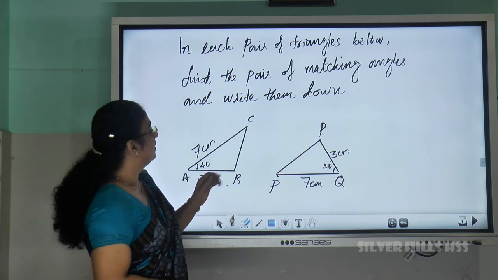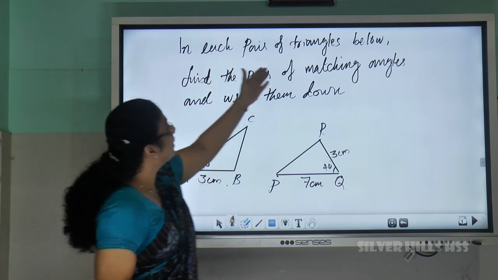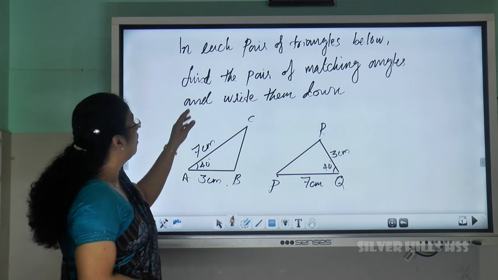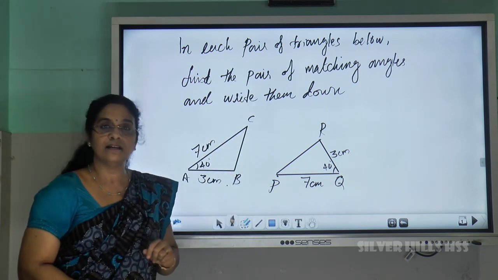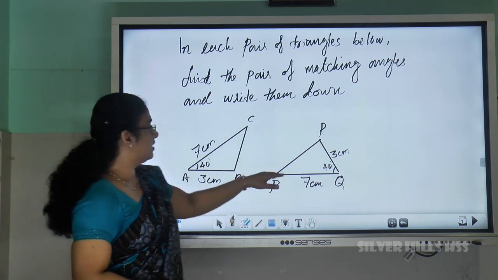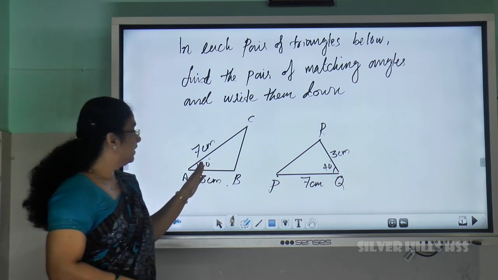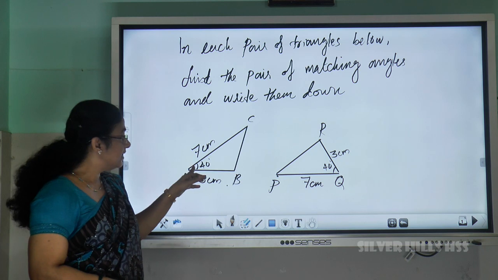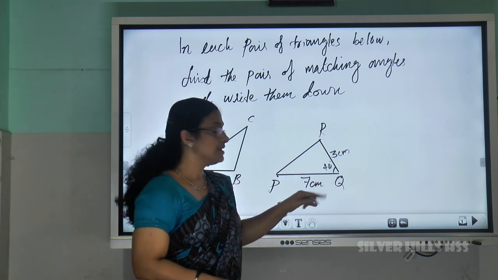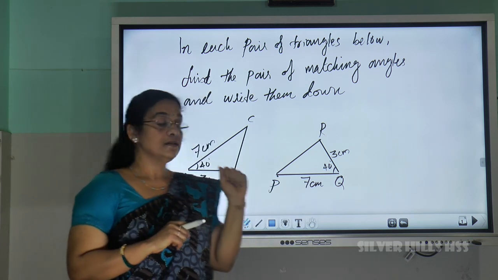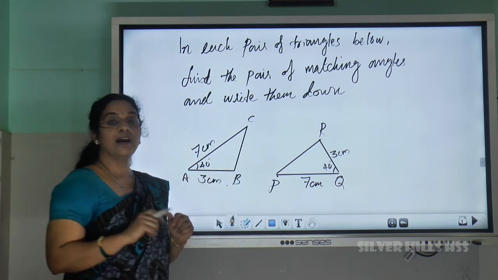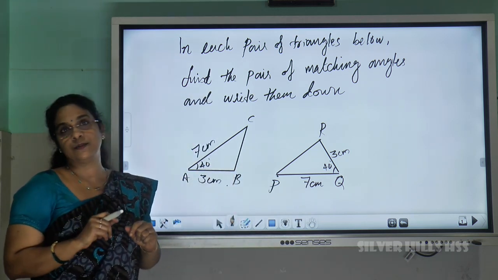See children, question: in each pair of triangles below, find the pair of matching angles and write them down. Two triangles are given with two sides and included angle. Before doing the problem, look at the question and we can mark equal sides first.